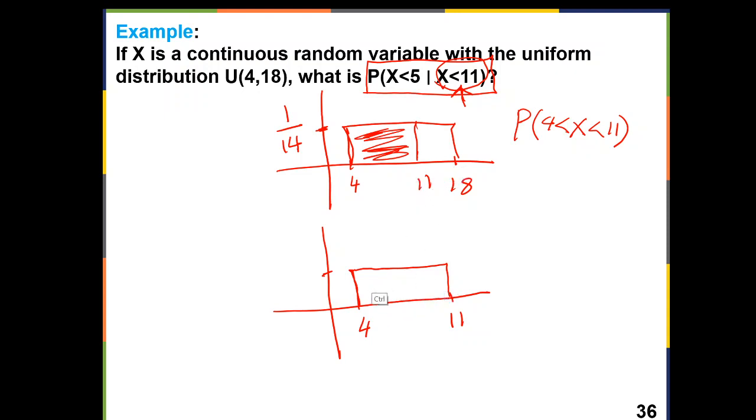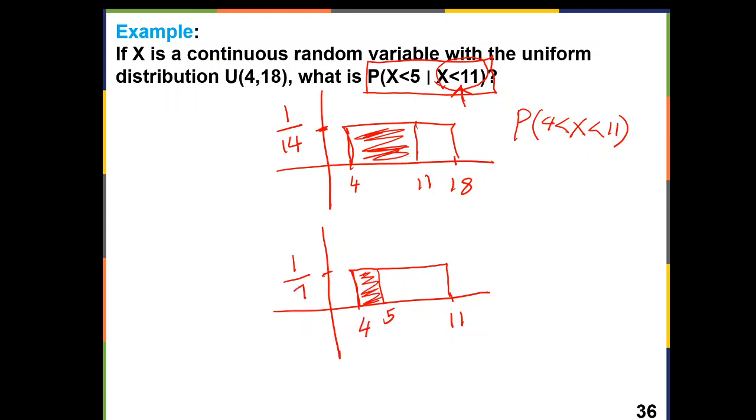I'm caring about just this rectangle. So if I'm dealing with this rectangle, what's the probability that x is less than 5? The height is not 1 over 14 anymore, it is 1 over 11 minus 4, which is 7.